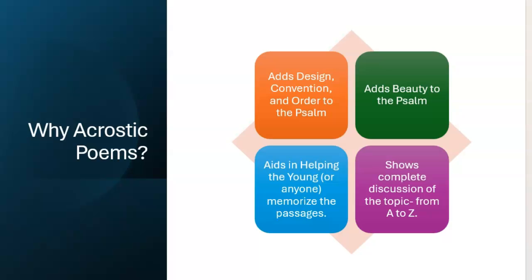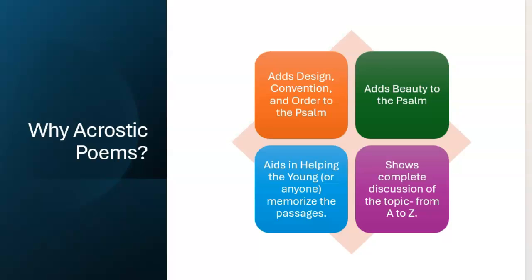So why did they write from A to Z like that, as it were? Here are some suggestions that commentators have made. It adds design and convention and order to the psalm. So it's much like maybe a Shakespearean sonnet that has a structure of iambic pentameter. There's a particular rhyme scheme at the end of each line, and then the last 2 lines have the same rhyme scheme at the end.